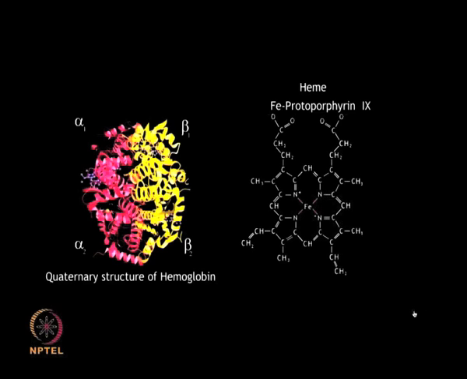The iron atom forms 6 coordinate bonds, 4 of which are to the nitrogen atoms of the porphyrin ring, one to a histidine side chain in the globin subunit, and the other being the binding site for oxygen.